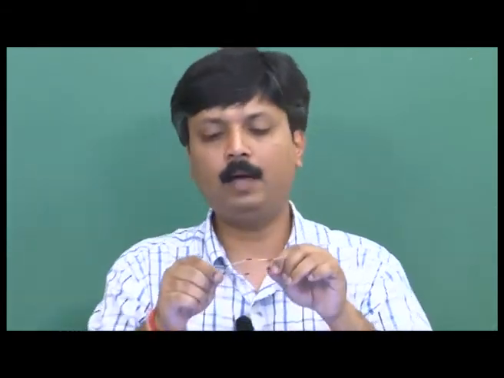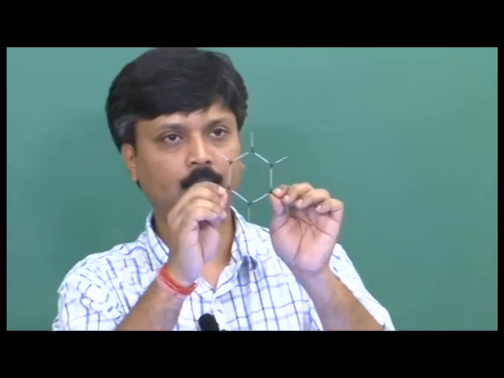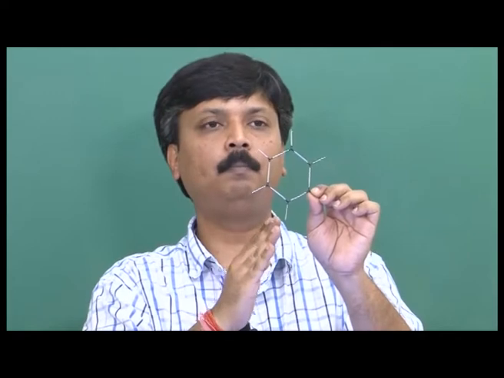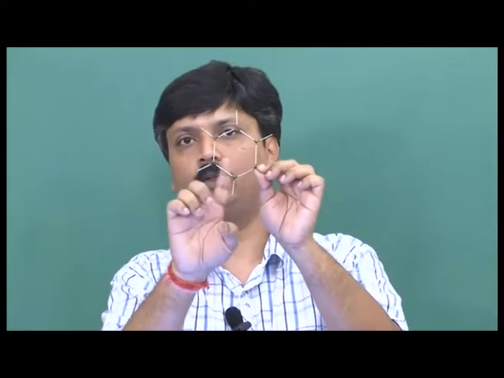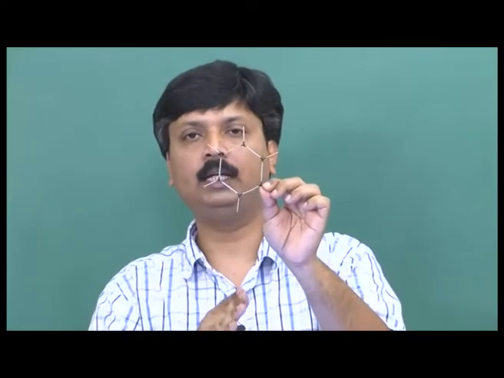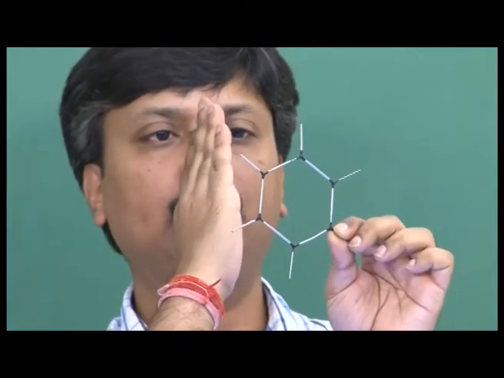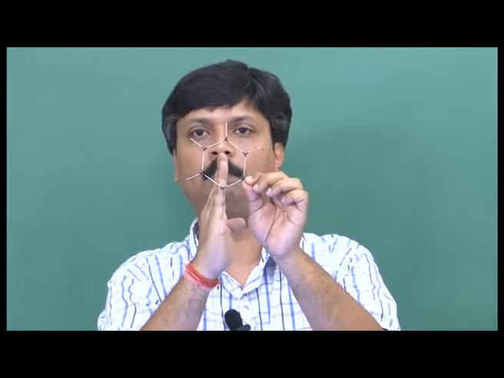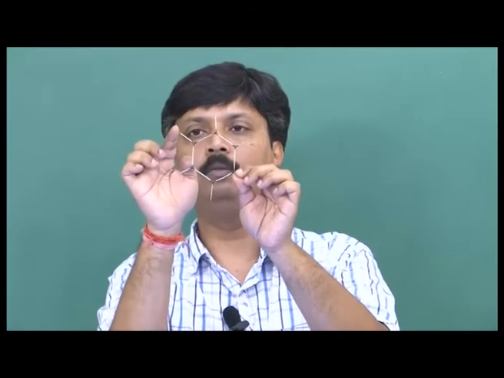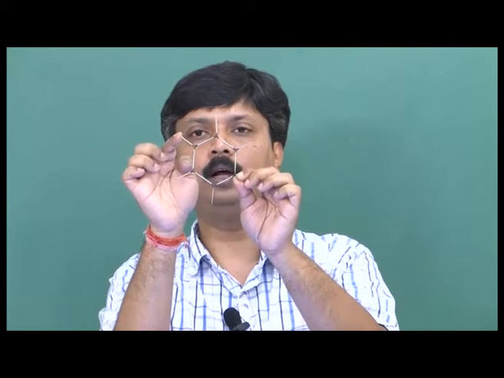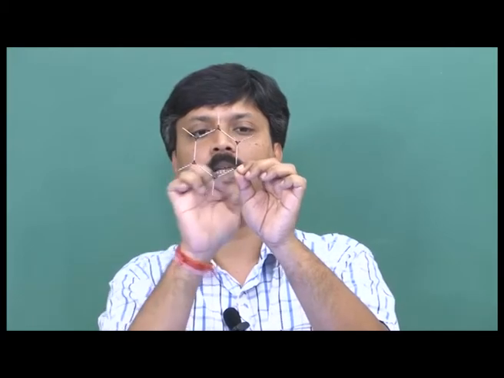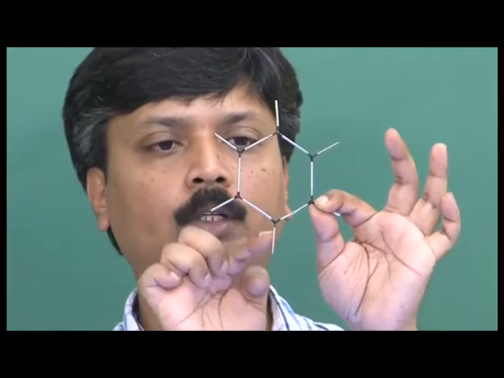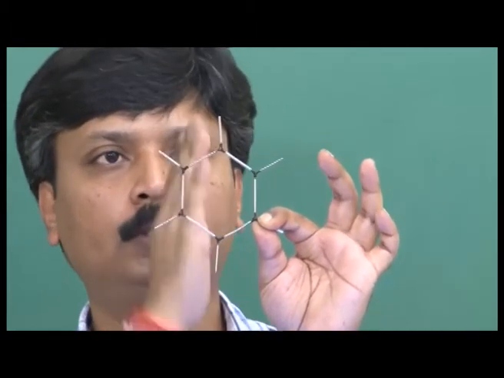We have already figured out the principal axis of symmetry here, and we have already figured out sigma H, so forget about it. Now let us find sigma V in this case. If I have a plane in this direction, then this particular hydrogen has a counterpart here, similarly this one has a counterpart here, and this one will be cut into halves.